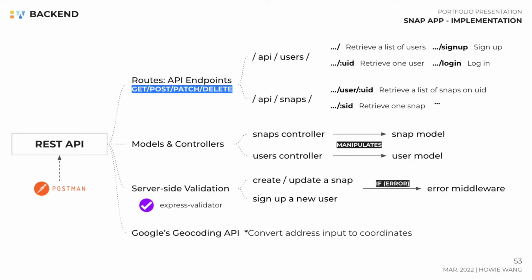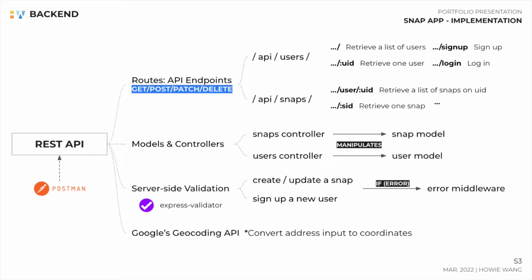So the REST API, I use Postman to test the API. First of all, is to design the API endpoints to do those different HTTP verbs, and the structure architecture. I follow the MVC, of course.